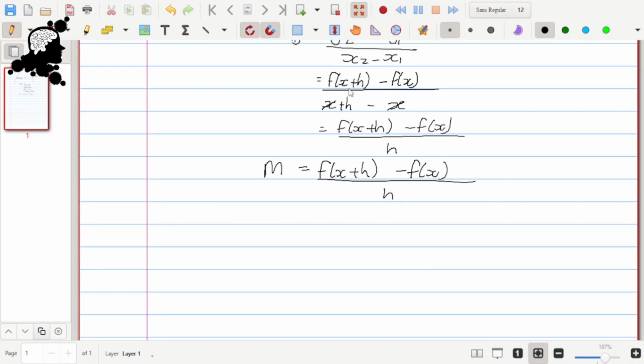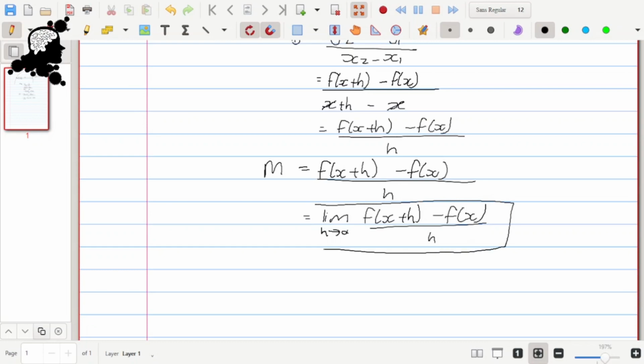What we could do here is say, okay, to get the gradient at 1 point, let's actually take the limit as h approaches 0 of f of x plus h minus f of x divided by h. And this is the equation that we would use to calculate the gradient of the tangent. In other words, we are calculating the gradient of the curve at only 1 point. I hope that this makes sense.